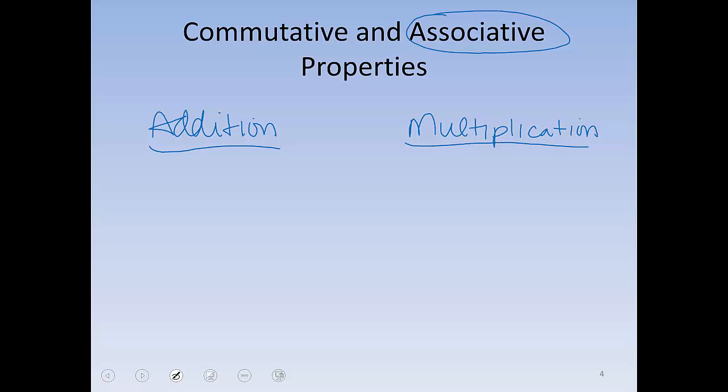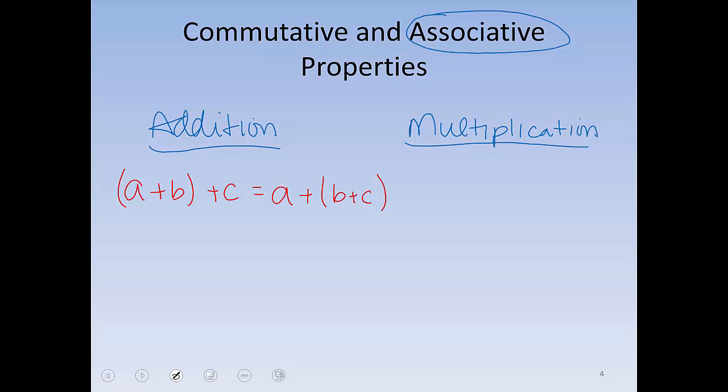So I'm going to give you an example here using addition. I have A plus B, which are being grouped together, and then plus C. Is that the same if I group them differently? Now keep in mind, I'm grouping them. I'm not putting them in a different order, because that would be the commutative property. So here I'm looking at, what if I have A plus B plus C? Do I get the same result?